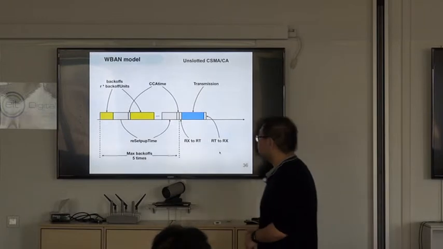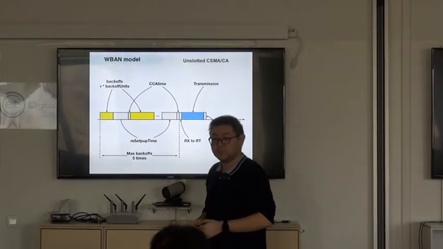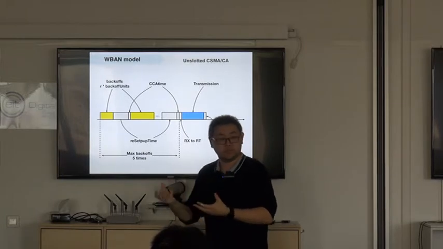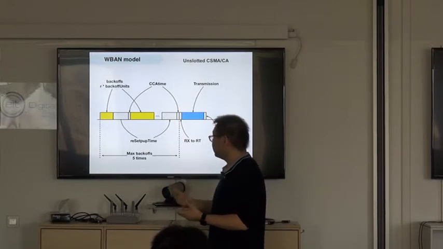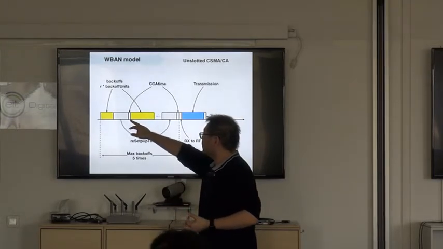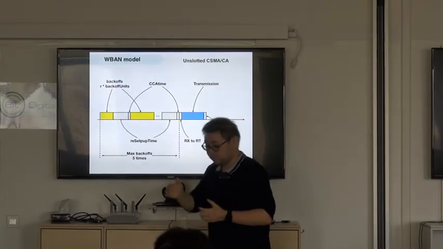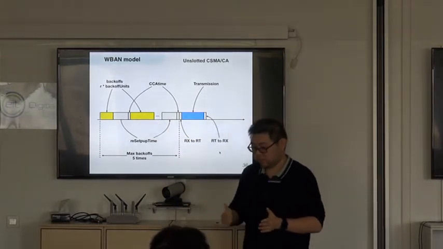And here, if during the listening the channel is not empty, that means there's another node trying to send a message. Then, after the listening, this node will choose another backoff. But this time, the interval of the backoff will double.